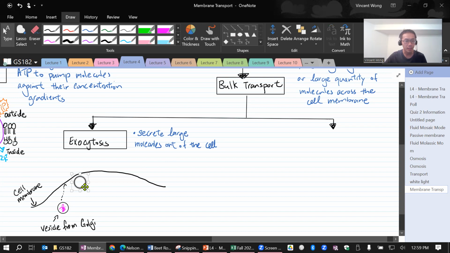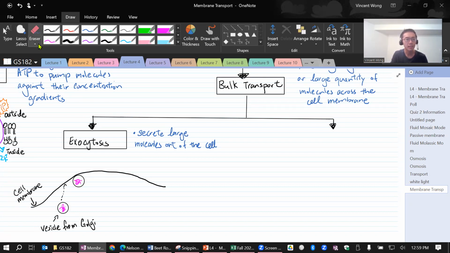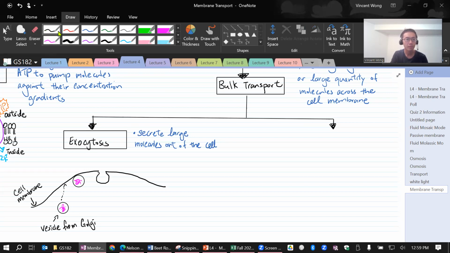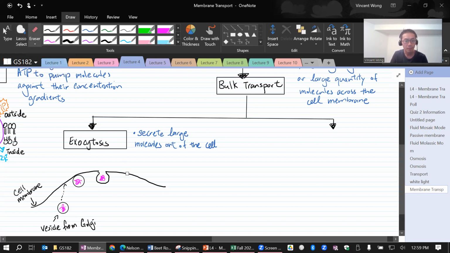It's gonna touch it. Let me see if I can touch this thing. There we go. Okay, and then it will fuse with it. I hope you can follow my series of drawing.